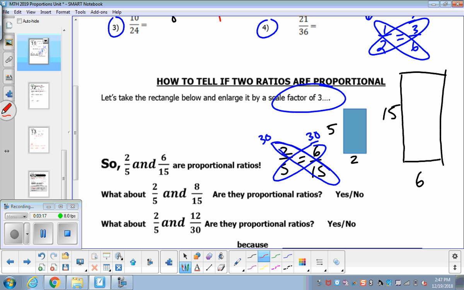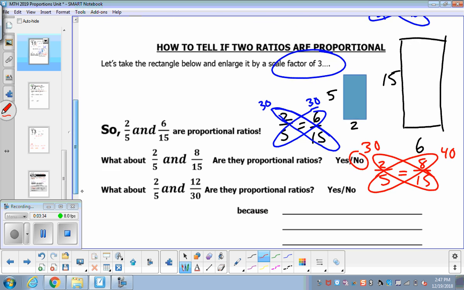Now, what about if I asked about 2/5 and 8/15? So 2/5, is it equal to 8/15? No, not at all. That's a 40. That's a 30. So no, they're not proportional. Now let's take a look at the last one. The 2/5 and the 12 out of the 30.